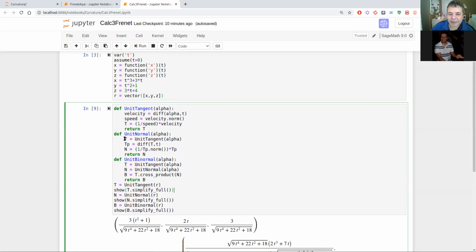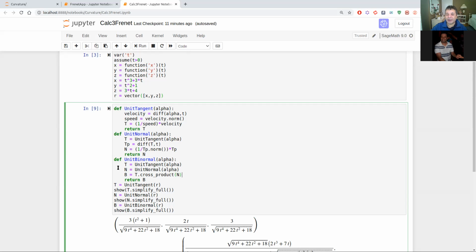I did the same thing, the unit normal. So this unit normal function calls the unit tangent function. Okay, so it takes the unit tangent of a curve, okay, takes the derivative of it, that's T prime, okay, then divides it by its norm. I got a little bit better at it when I was writing it, okay, and then it returns that unit normal.